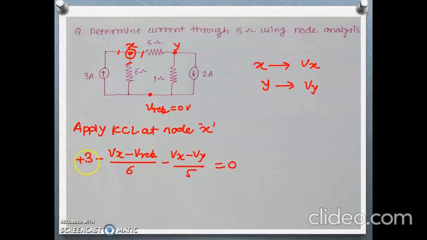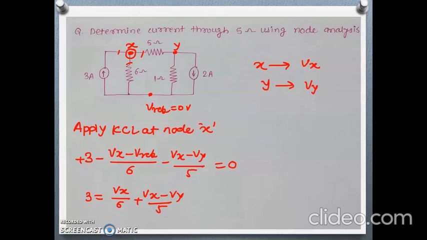So we have these 3 terms. Now this V reference, we know is 0 volt, so the equation will be 3 equals Vx divided by 6 plus (Vx minus Vy) divided by 5.